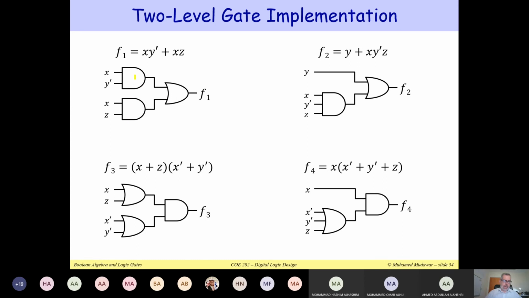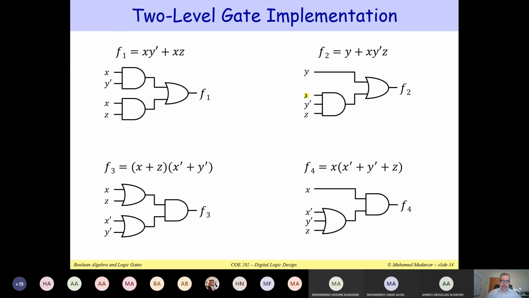So the first level will be AND gates, and my second level here is an OR gate. I'm not showing the inverters for simplicity. Here you can see F2, I have y, or this is my OR gate. And I need to AND x with y prime with z. Notice that this AND gate is a 3-input AND gate.